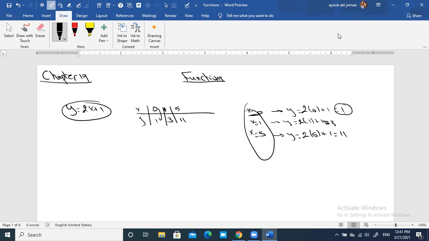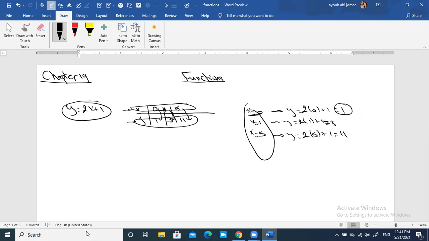Input 0, the output is 1. Input is 1, the output is 3. Input is 5, output is 11. For each element here in the values of x, you have one element related to it in the values of y. This input here we call domain. This output we call range.